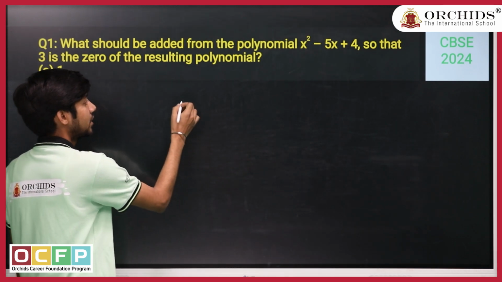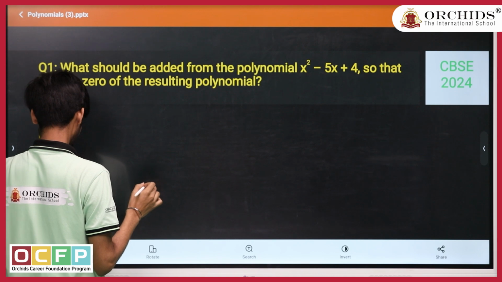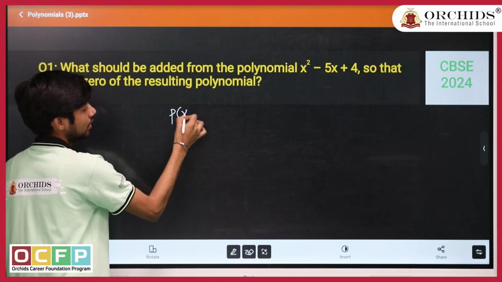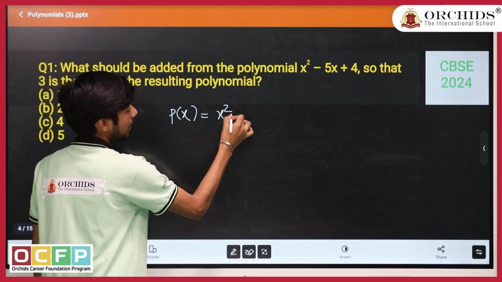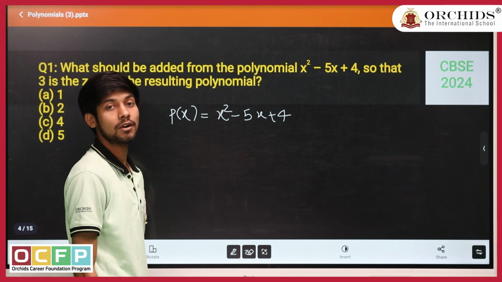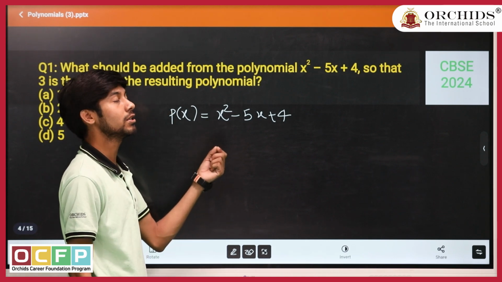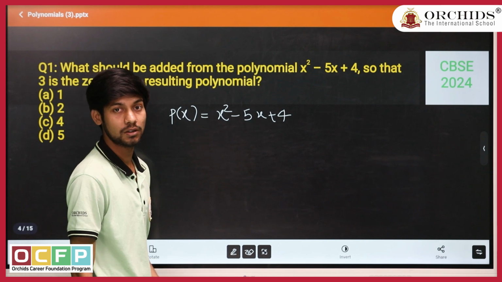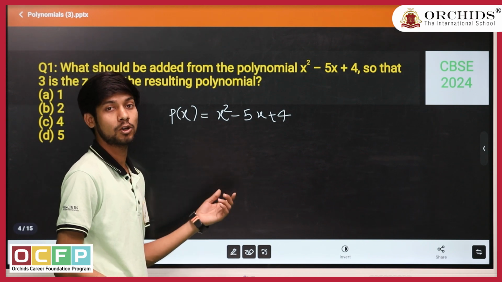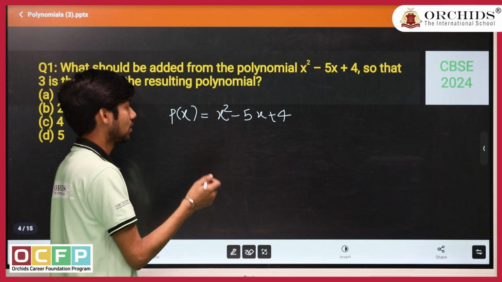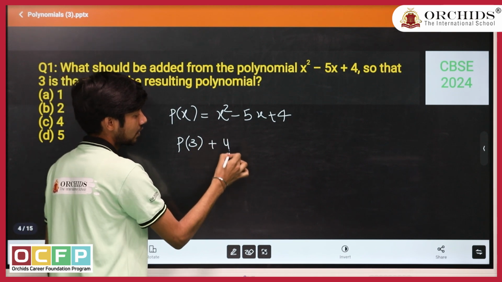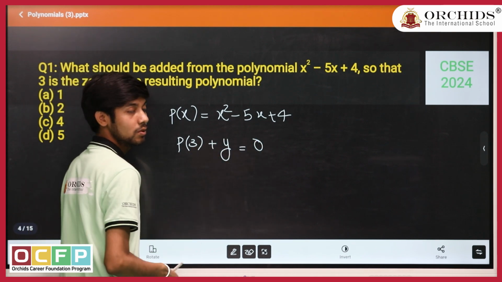So let's consider the given polynomial p(x) is equal to x square minus 5x plus 4. In the question it has been asked what to add to this polynomial so that 3 is a zero of this polynomial. So let's assume that we are adding y to this polynomial and we are getting 3 as a zero. So we can write p(3) plus y should be equal to 0.